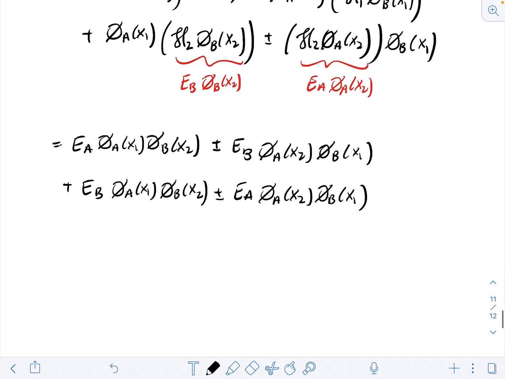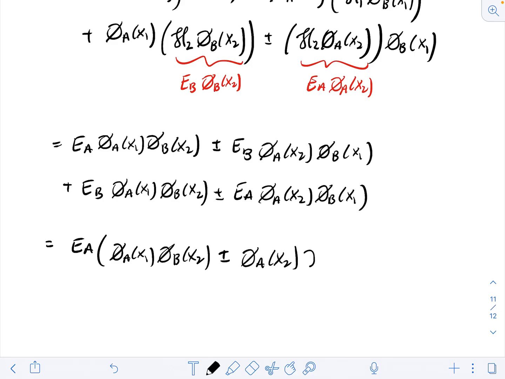Let's do this in a couple steps. What we'll do is we'll first collect the common factors of EA and EB, and so we get EA, and then what do we have? Phi a x1 phi b x2, and then the last term plus or minus phi a x2 phi b x1.